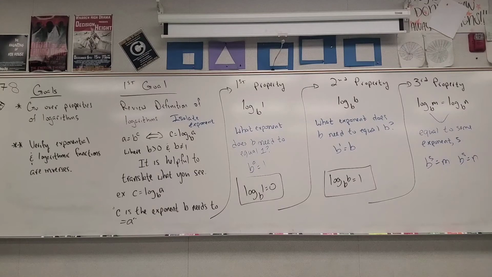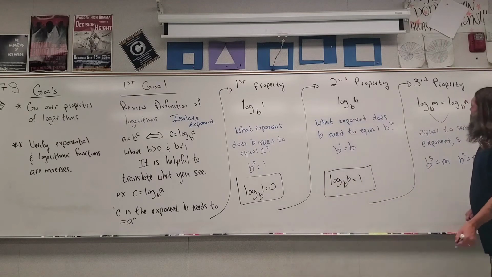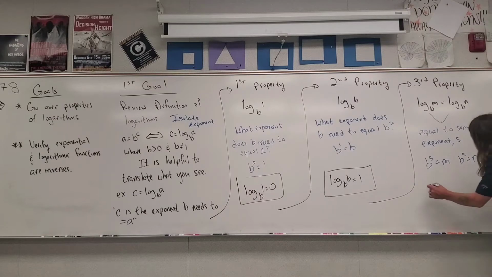So, the last property for this part, there's still one more, but the last property: if log base b of m equals log base b of n, then we can say that m must equal n.